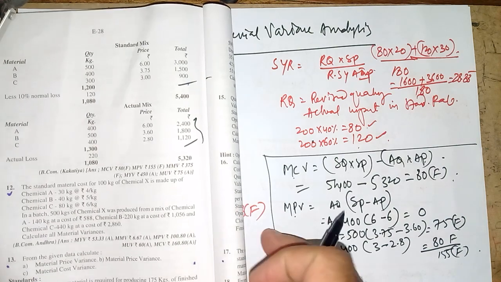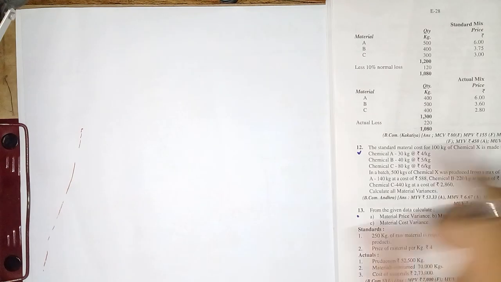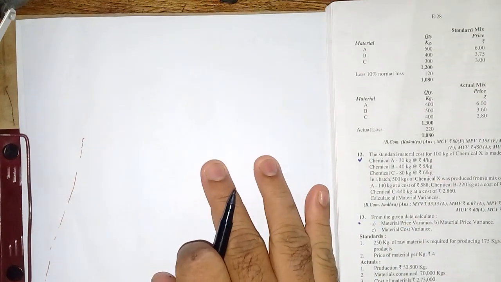Then we calculated MCV. Then we are asked to calculate MUV. We'll take one more sheet. We need to calculate MUV, right?